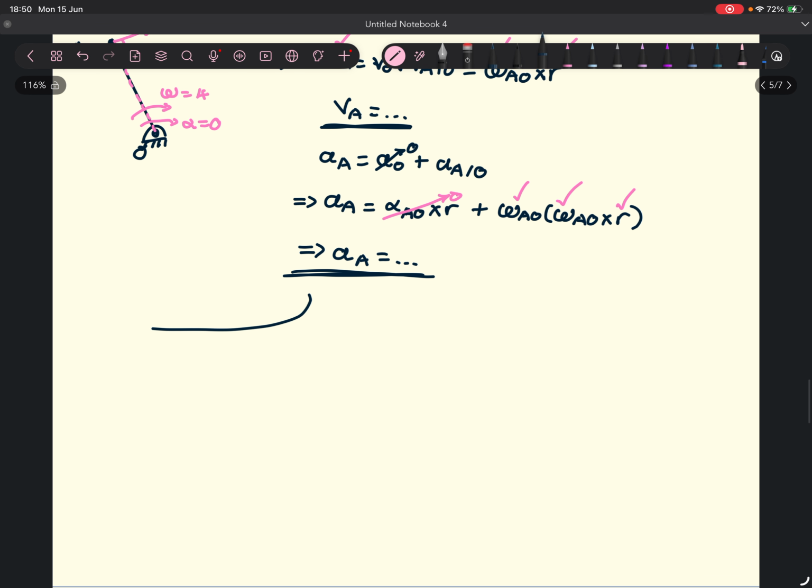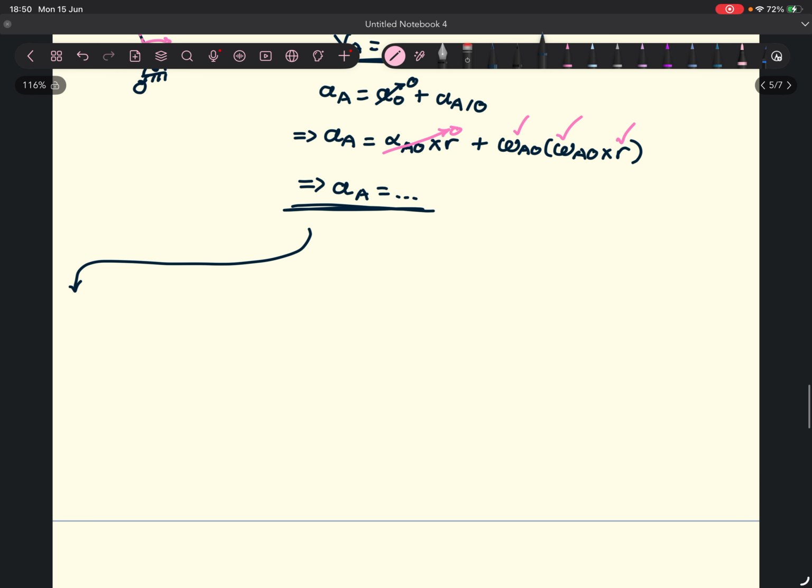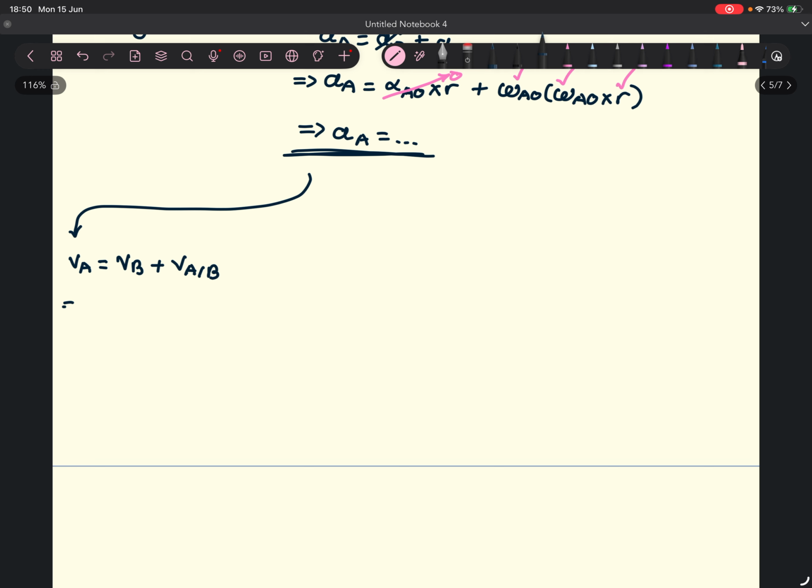So let's then go and look at the velocity of A relative to the velocity of B, right? This is then going to become VA is equal to VB plus omega AB times R, right?